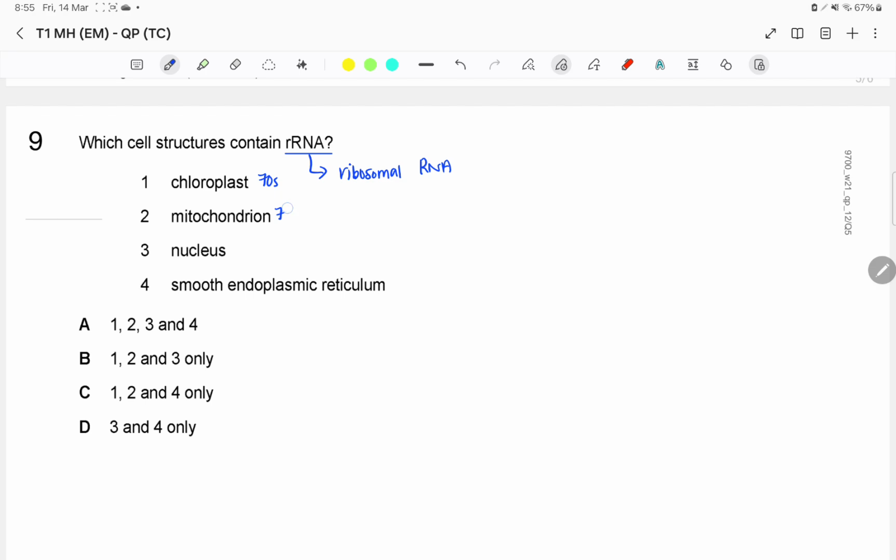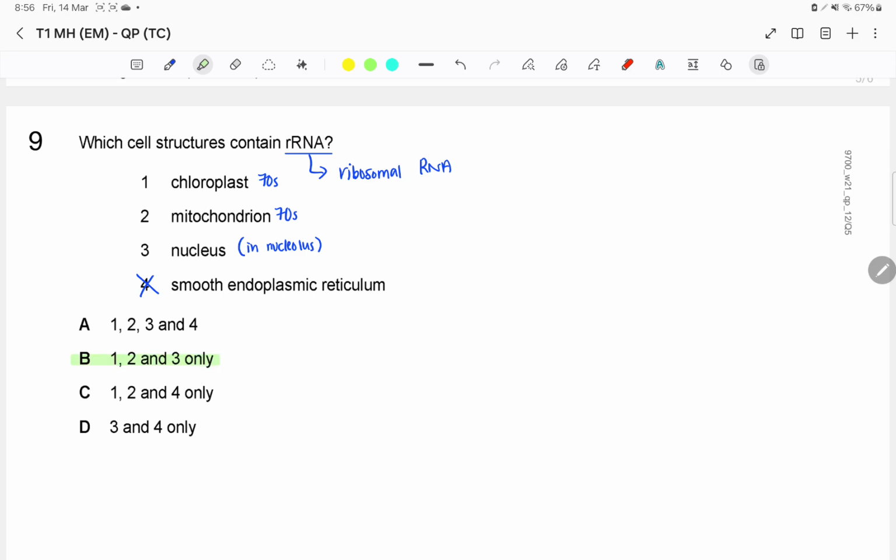Mitochondria will also have 70S ribosomes. Nucleus will contain ribosomes, specifically produced in the nucleolus. Therefore the correct answer is 1, 2, and 3. 4 is not available. Smooth endoplasmic reticulum does not have ribosomes, and it does not produce ribosomes either. So the correct answer here would be B.